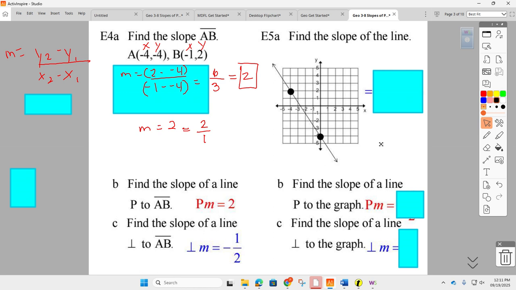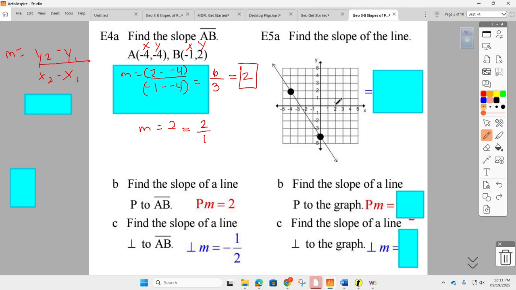So if they give you 2 points, and you need to find the slope of the line that goes through those 2 points of this segment, then you can use the slope formula. If they give you the graph of a line and show you the points on there, do you guys remember how to find the slope of that line from a graph?